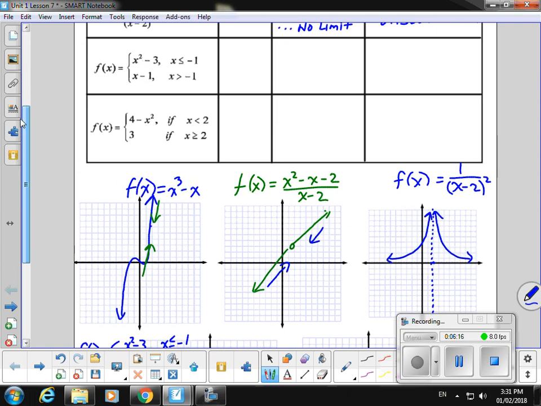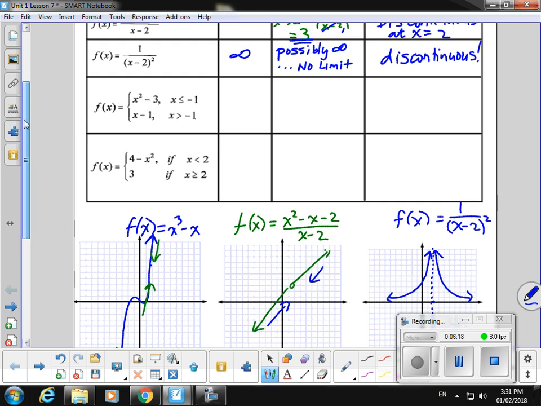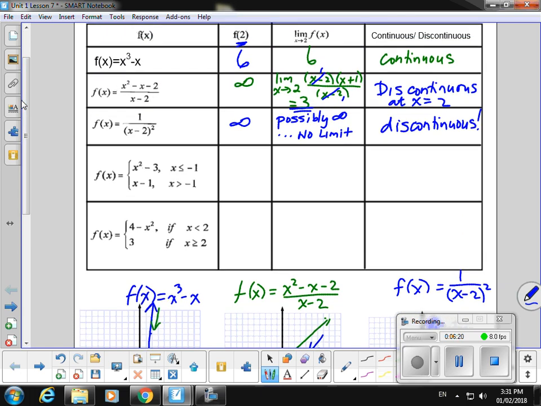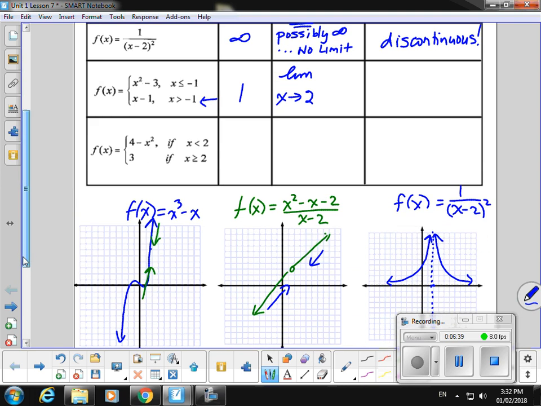For my value at 2, I can put a 2 into this section and I get a value of 1 for the function. There is a limit as we approach 2 for that function. I can just put that value in. And let's look at the graph for a second.